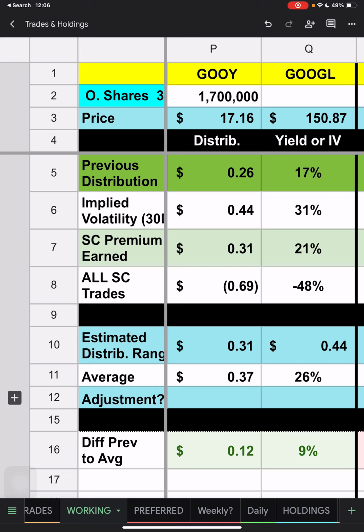And for all of their short call trades, it looked like negative 69 cents. So then we go to our estimated range. It's 31 to 44 cents because those are the only two numbers left up there. So the average of 37 cents, assuming they make some money over the next few days, may be about right if we're looking at our premium earned.